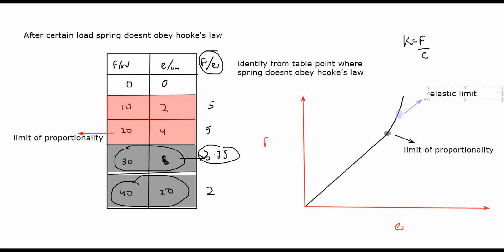So what is the meaning of elastic limit? Elastic limit means after this point, the spring will not return to its original length, or after this point, the spring will deform permanently.